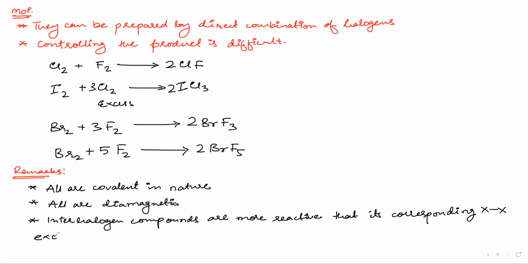Except fluorine F2. Now fluorine, as you have seen, has interelectronic repulsion, and that is why it can easily dissociate. So F2 is more reactive, but except F2, every other inter-halogen compound is more reactive than its corresponding XX, as the XX dash bonds are weaker than XX bonds.